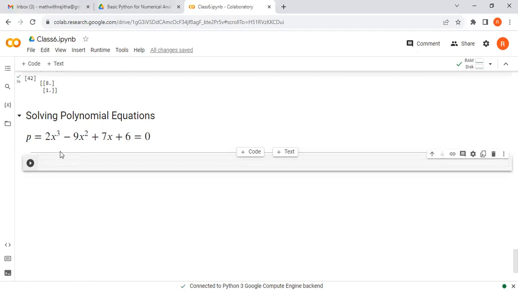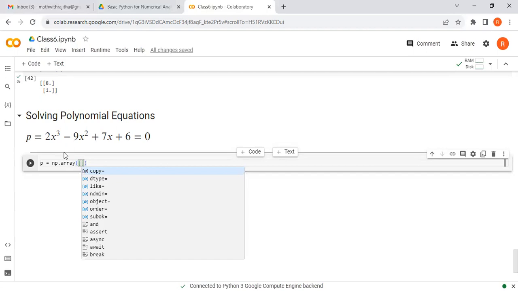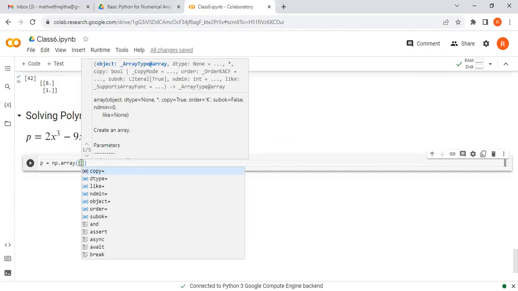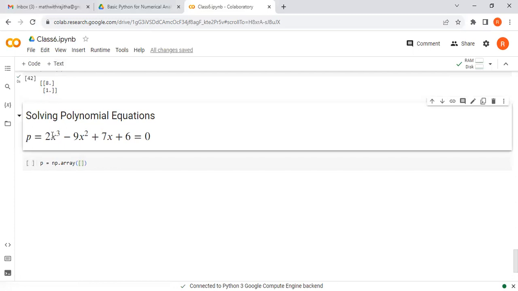So how do we do this using the NumPy module? First, we have to define the polynomial using np.array. We define it using an array. The entries of the array are the coefficients of each x term, starting with the highest term.